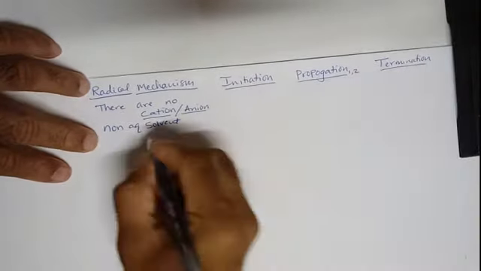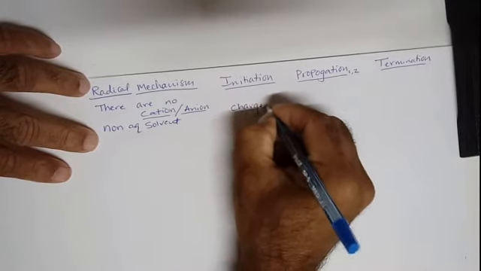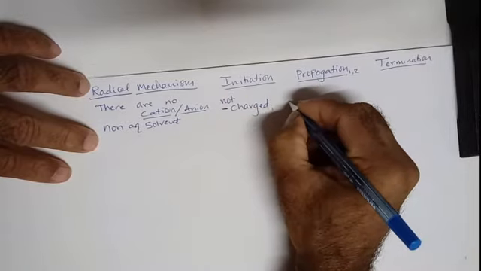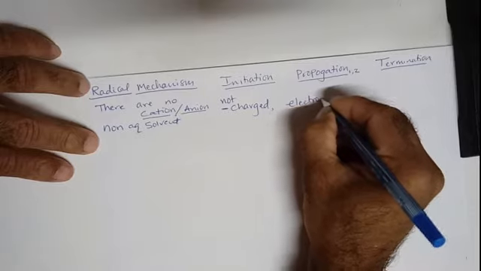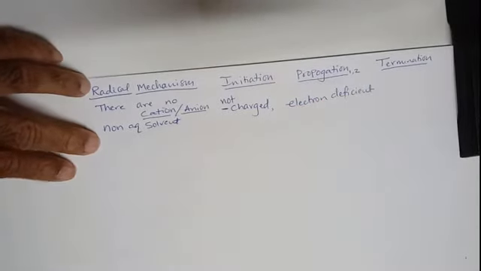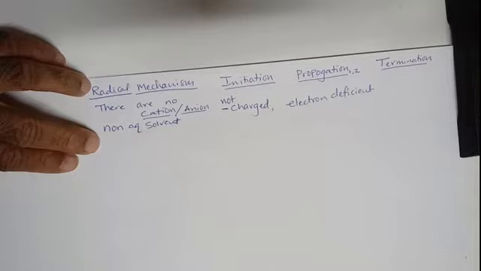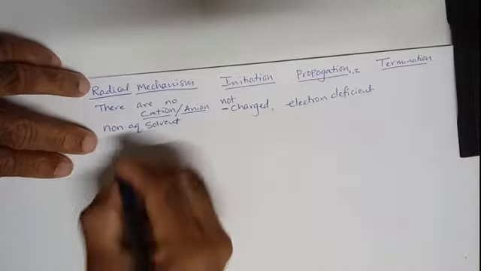But they are electron deficient, because radicals are one electron away from typically the octet.